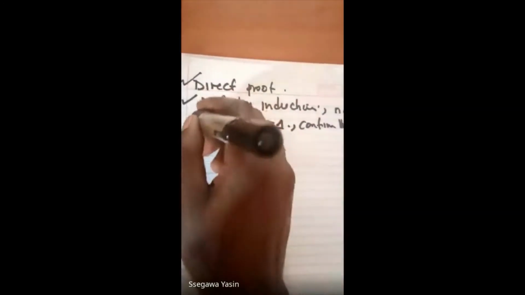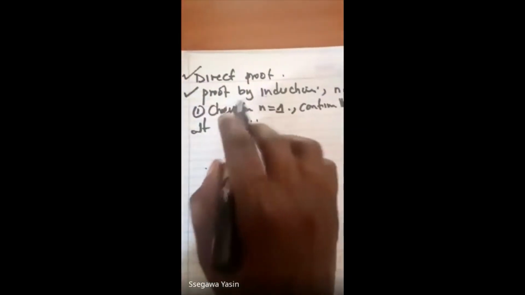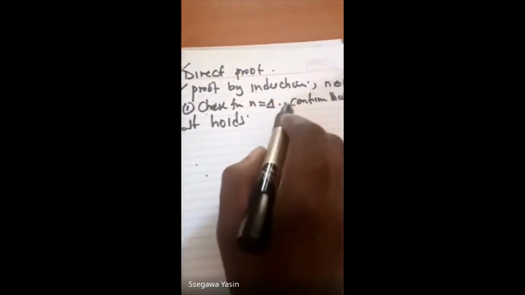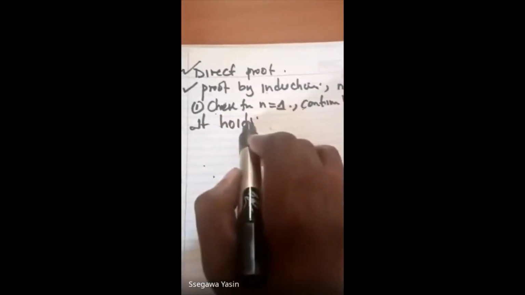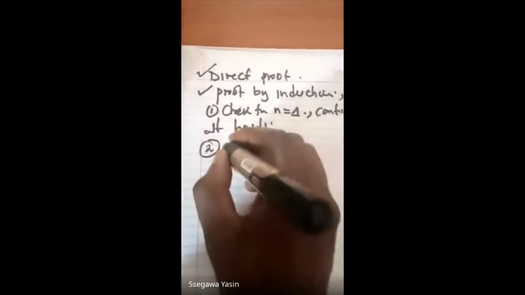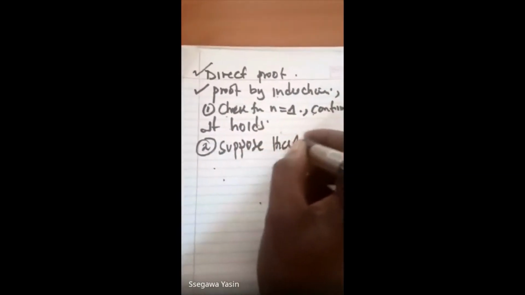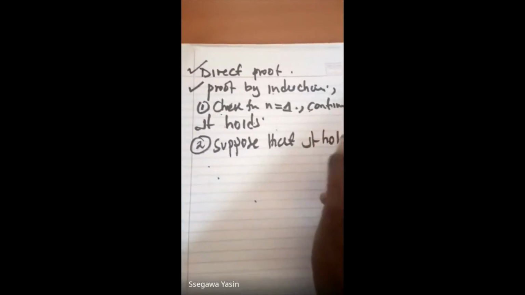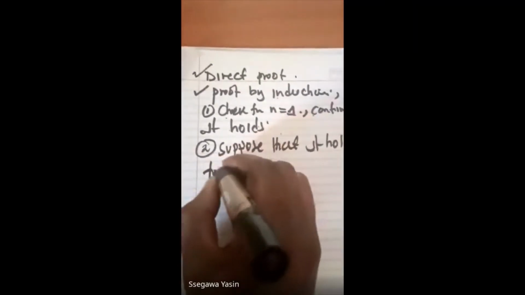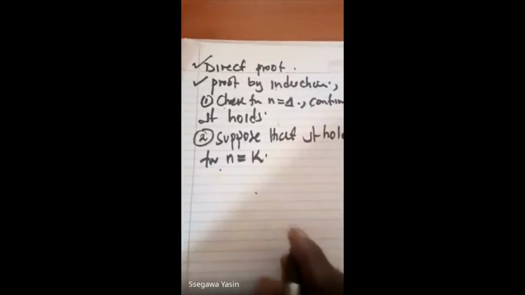This is the procedure of proving by induction. You prove by induction by checking for 1, then you confirm that it holds. 2, you suppose that it holds for n is equal to k, meaning that you change the variable from n to k.